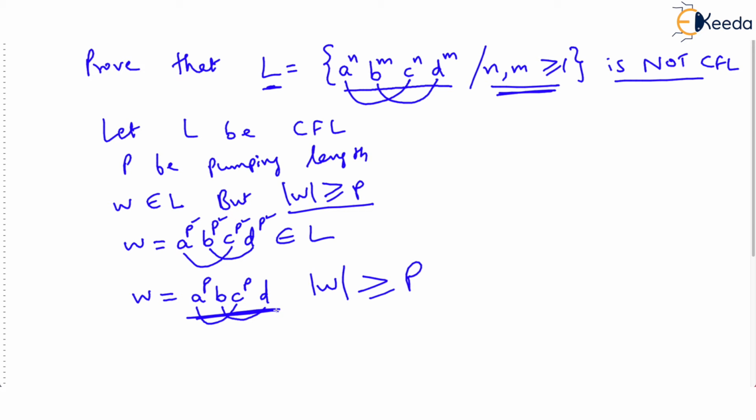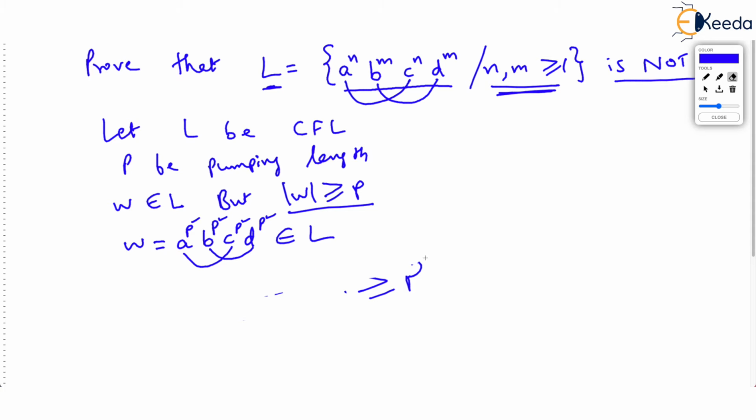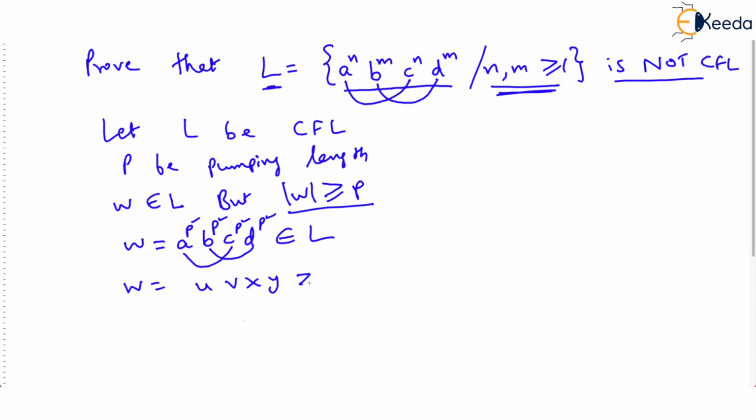Just check the number of characters. Some word like this you have to take which will be an element of L, and the length of the word will be greater than or equal to P. So I have taken this word a raised to P, b raised to P, c raised to P, d raised to P. And we should be able to break this into u, v, x, y, z.